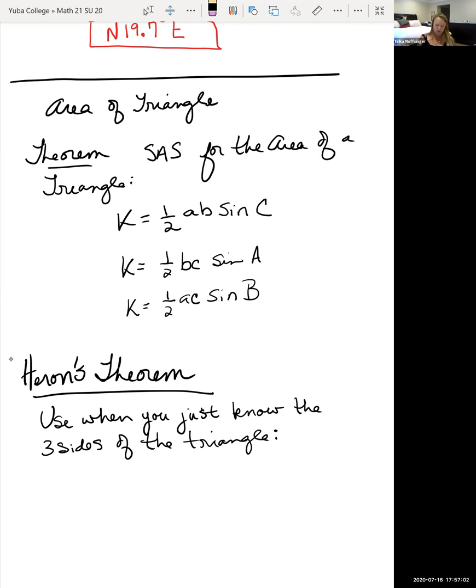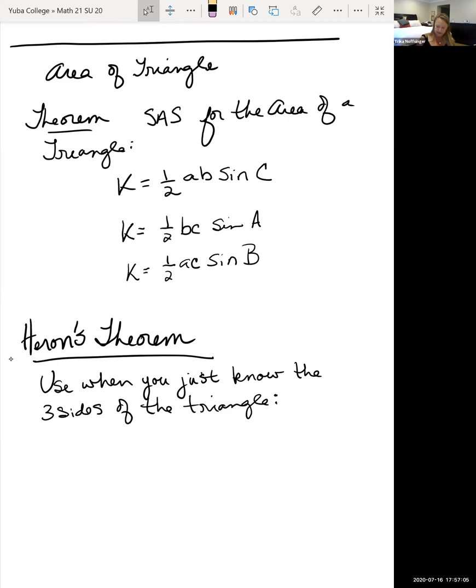Part of our theorem is that we have to figure out what S is. S is equal to half of the sum of all three sides, so A plus B plus C. Once you figure that out, we can use it to find the area of that triangle.